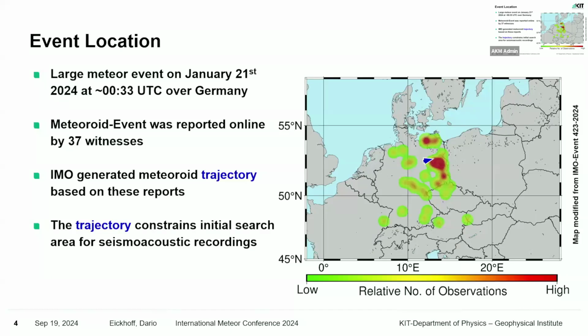These witness reports were aggregated by the International Meteor Organization, and they produced a trajectory from that. I used this trajectory to constrain my initial search area to this whole map extent you can see now. So I want to look at this whole map area at data.